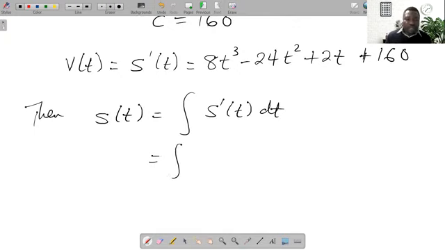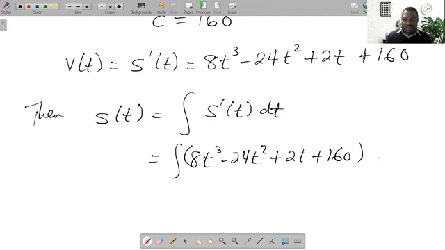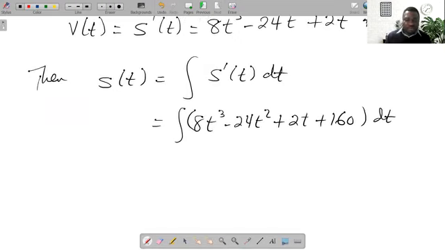So this is going to be like that: 8t cubed minus 24t squared plus 2t plus 160 dt. Again, I'm going to do it straight. I'm not going to split them. You can always do that. So I'm going to do the integral by individual terms.